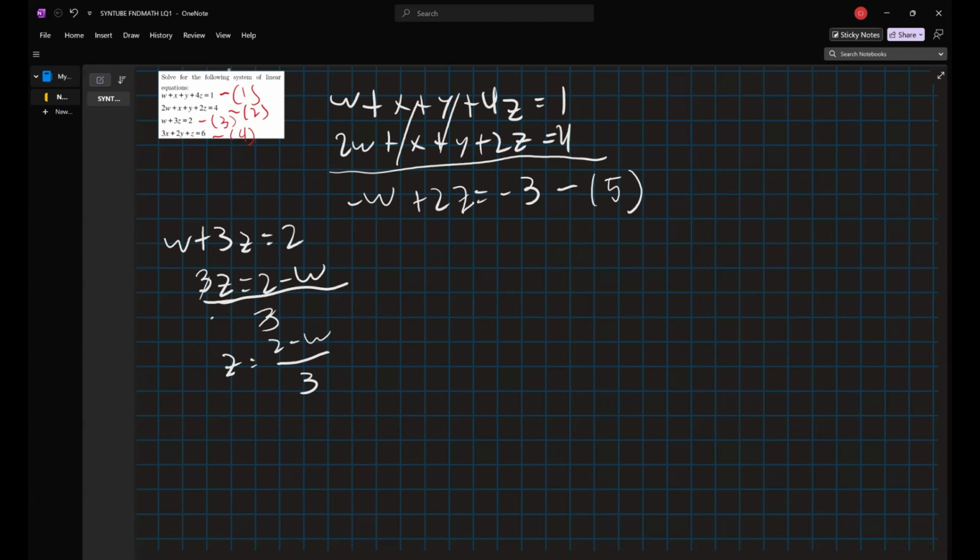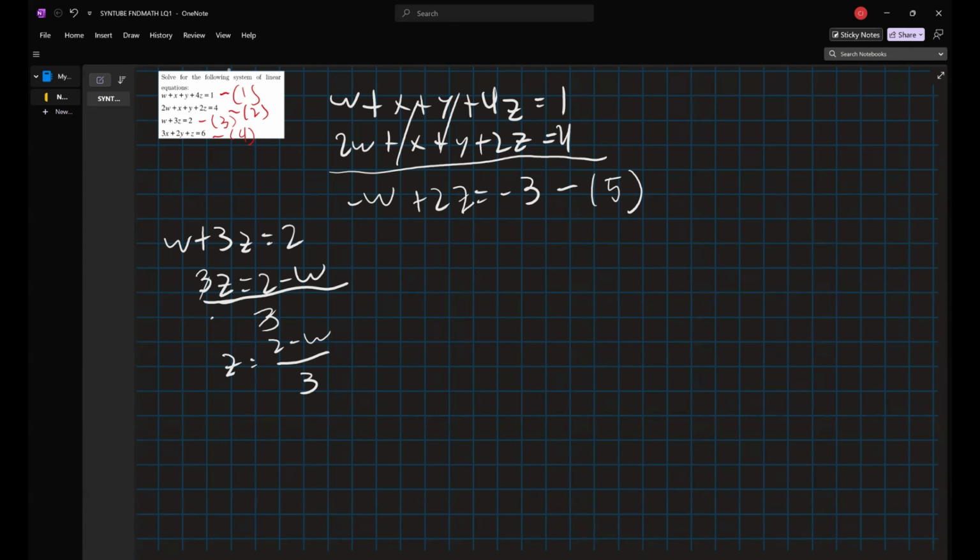Now with this, we can substitute z to the other equations. In this case, we want to substitute it to our fifth equation that we made earlier so that we can solve for w.